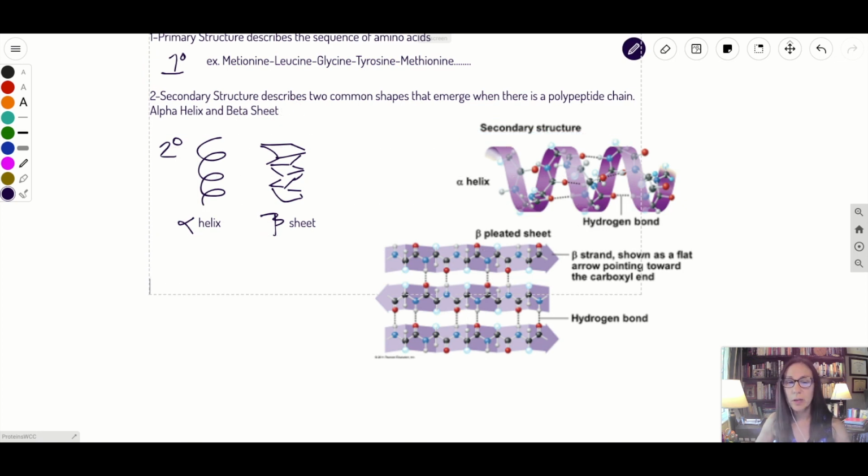Then we move on to the tertiary structure. The tertiary structure is a little bit more messy. When you saw that antibody, it just looked like a blob, right? And a lot of proteins just look like a blob. You have these alpha helices and beta sheets that automatically form, but in between them you have all these blobbish formations.